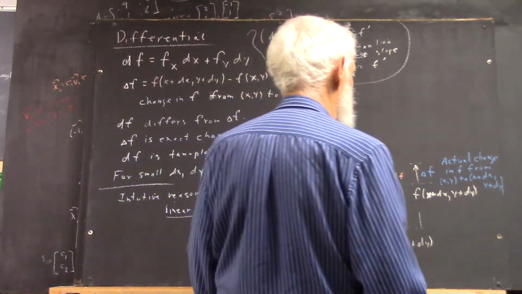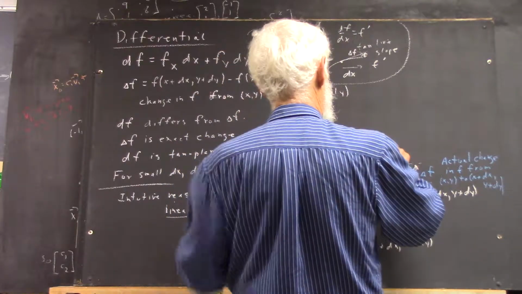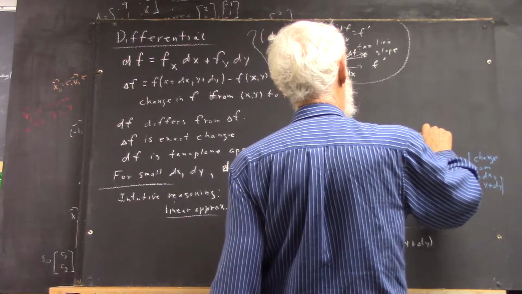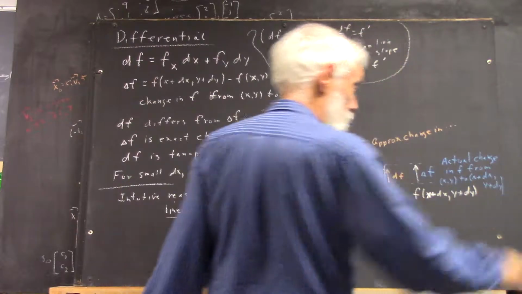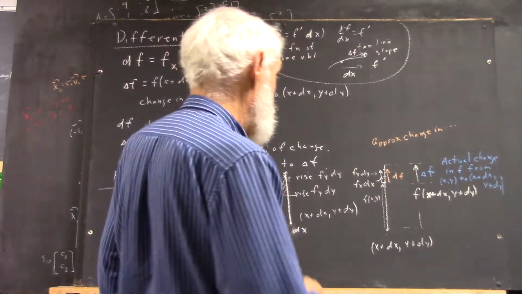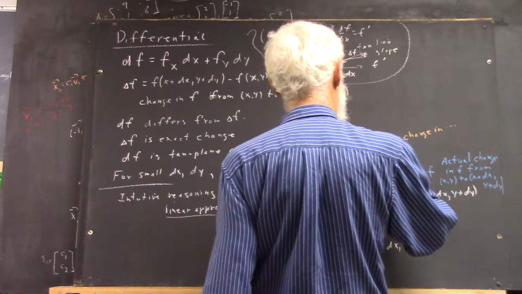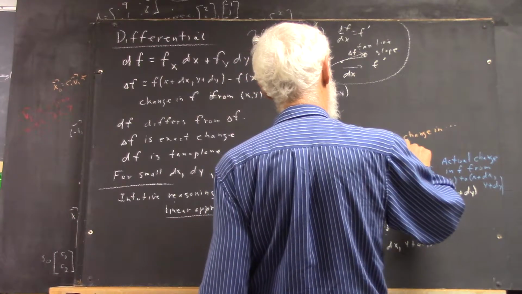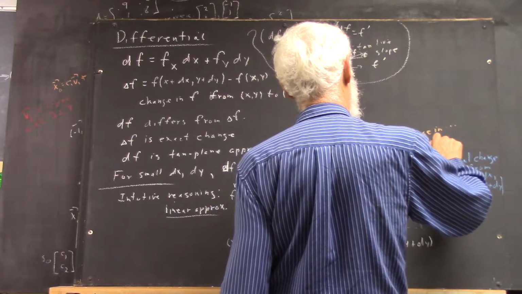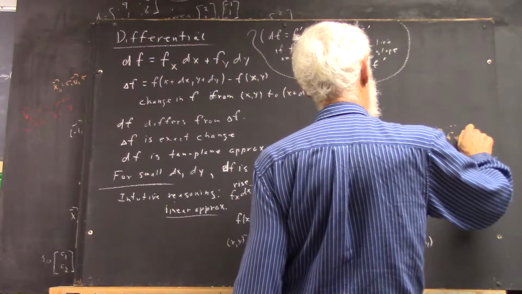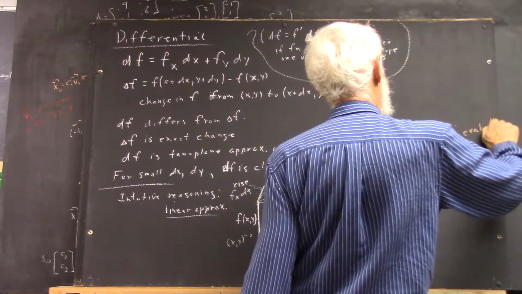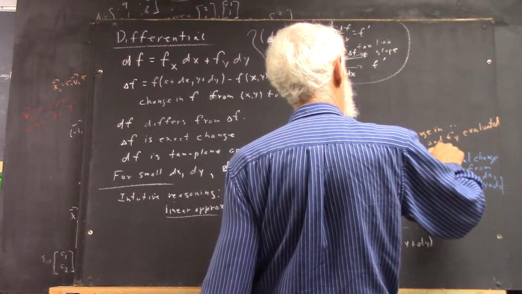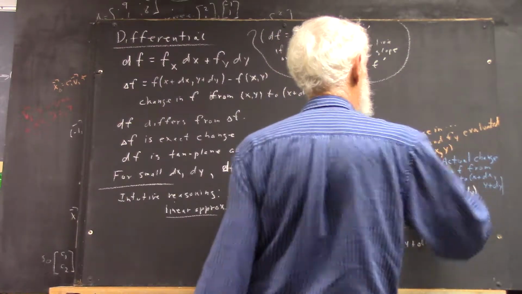And over here is your approximate change in the same thing, f from (x, y) to (x plus dx, y plus dy), based on fx and fy evaluated at the point (x, y).